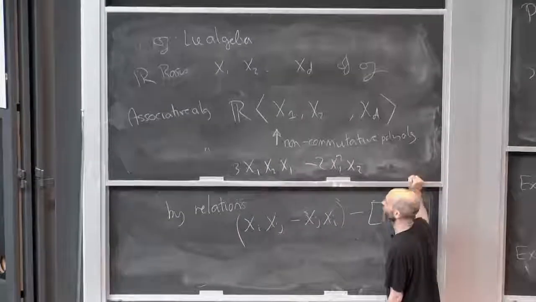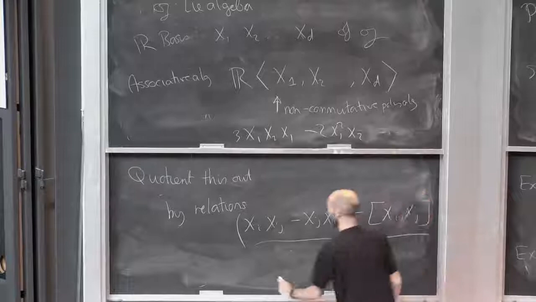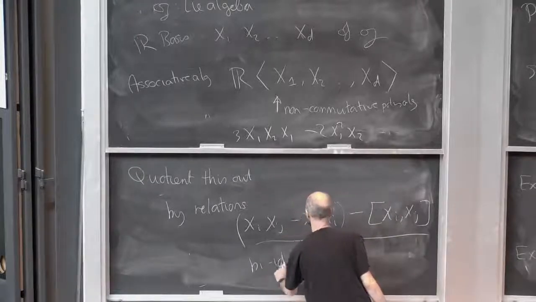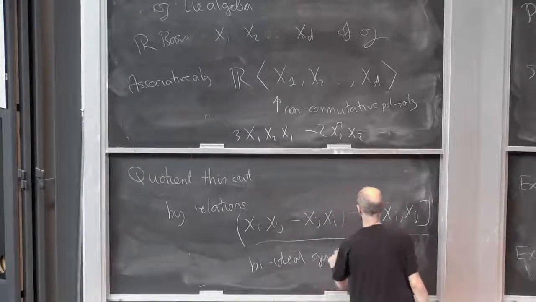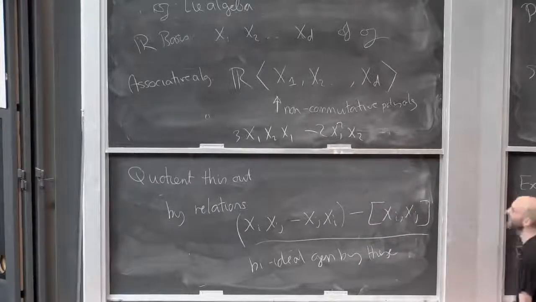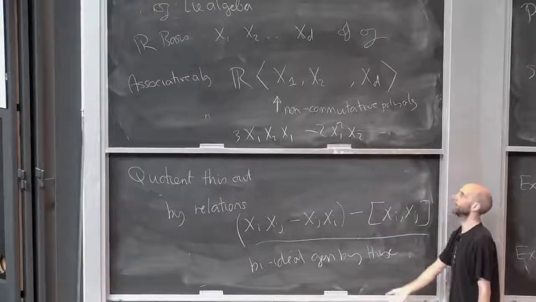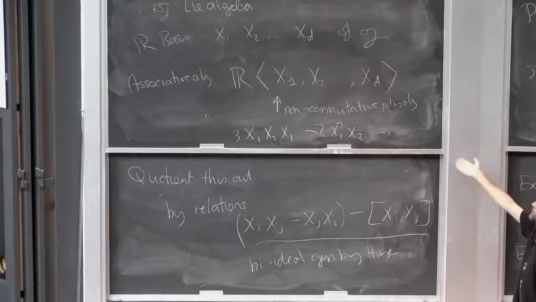And so I'm simply going to throw in all the relations that look like this, i.e. look at the bi-ideal generated by these. This is the great thing about modern mathematics: it's quite easy to build objects that have the properties you want, because we're quite good at taking a random thing, throwing in extra generators, and throwing in relations. We can handle non-commutative polynomials.